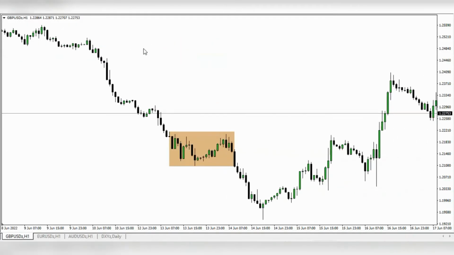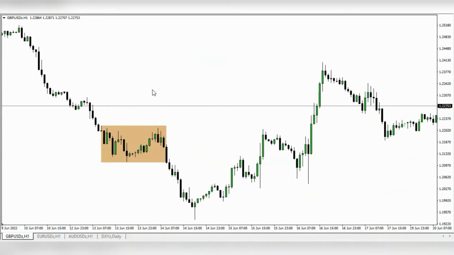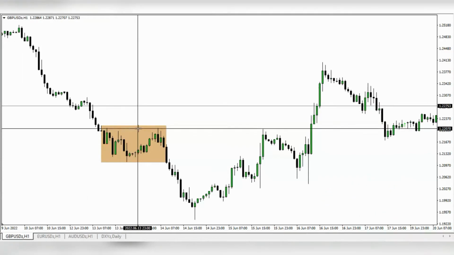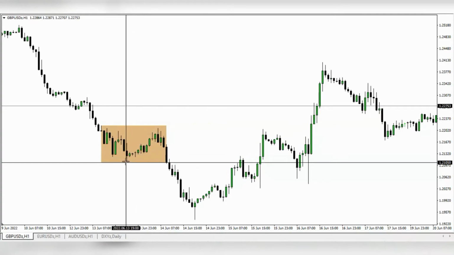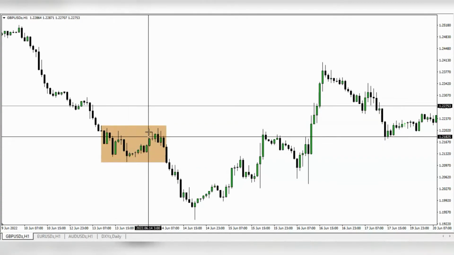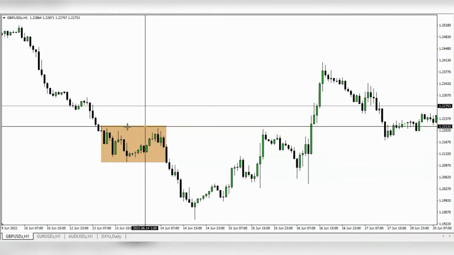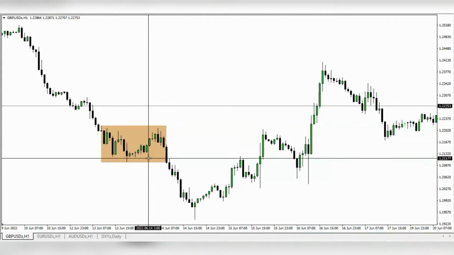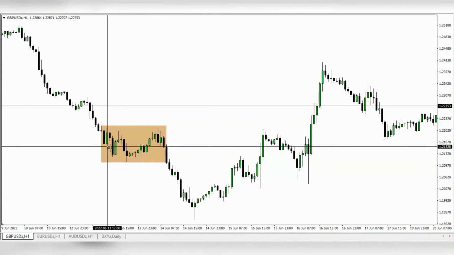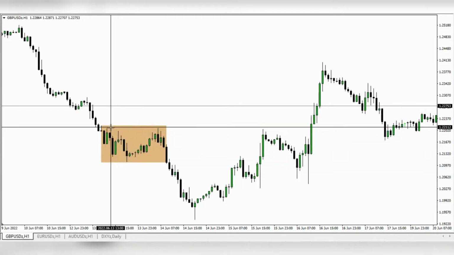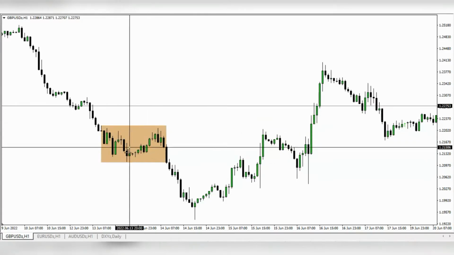If I ask you what you can call this shaded area, that's a consolidation, right? Because we have equal highs here and equal lows. So the ranges are closely related on both the upside and downside. This is somewhat like a consolidation, and this consolidation is actually a distribution.